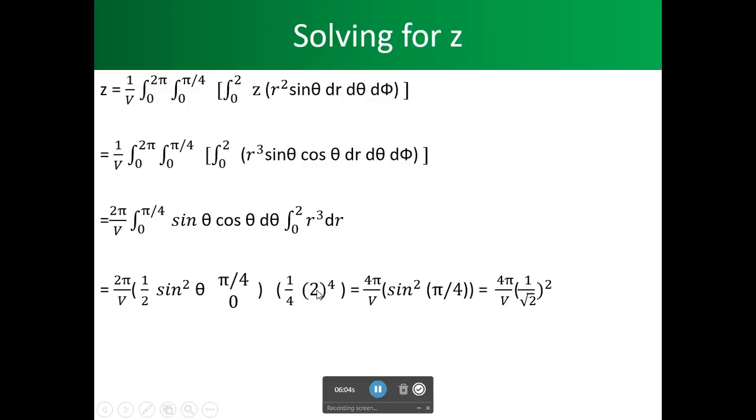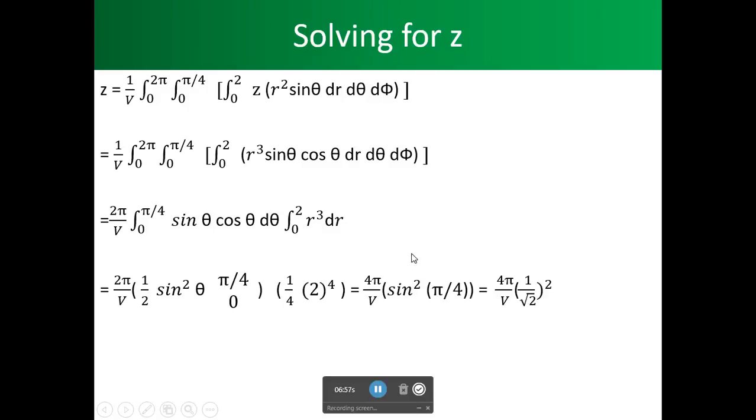If we have 8 here, we're dividing by 1/4. That gives us a 2 that can come out, so that'll be 4 pi over V. And for our sine squared theta at pi over 4, or 45 degrees, that gives us 4 pi times 1 over the square root of 2, squared.